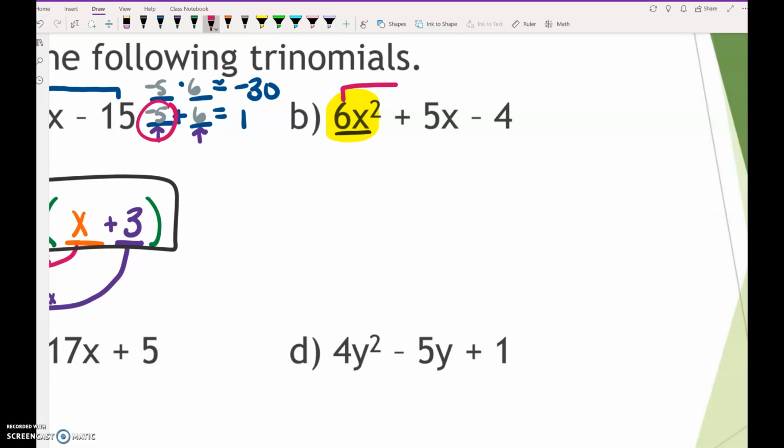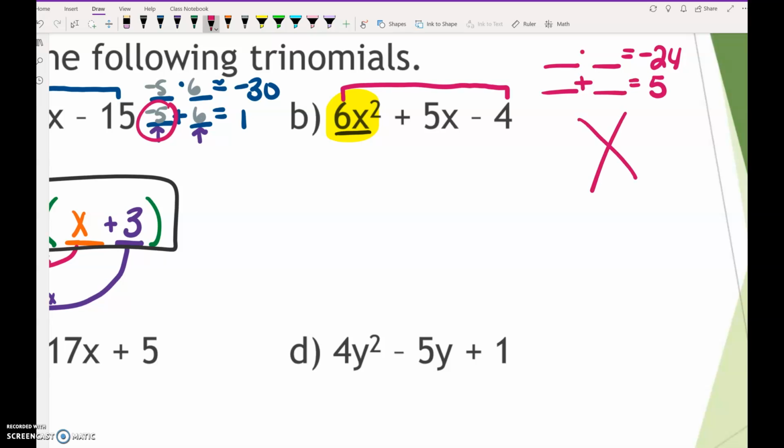For these, some of you might do a factor x, where 6 times -4, we are looking for 2 numbers that multiply to give us -24 and add up to 5. You're multiplying to get -24, you're adding to get 5.